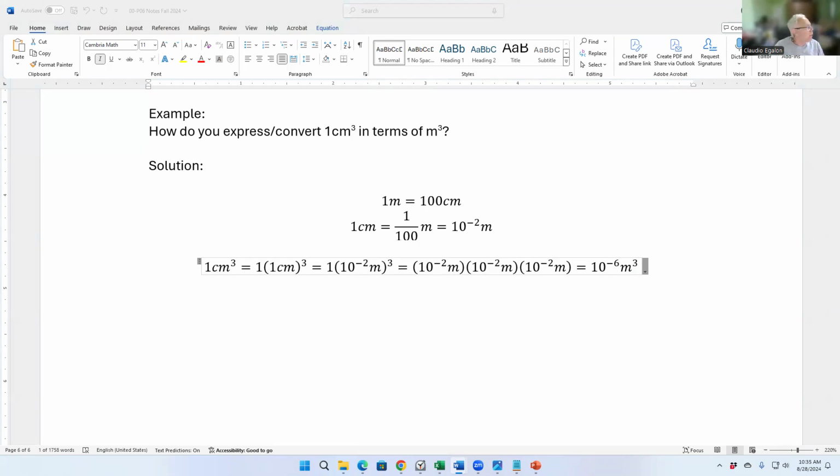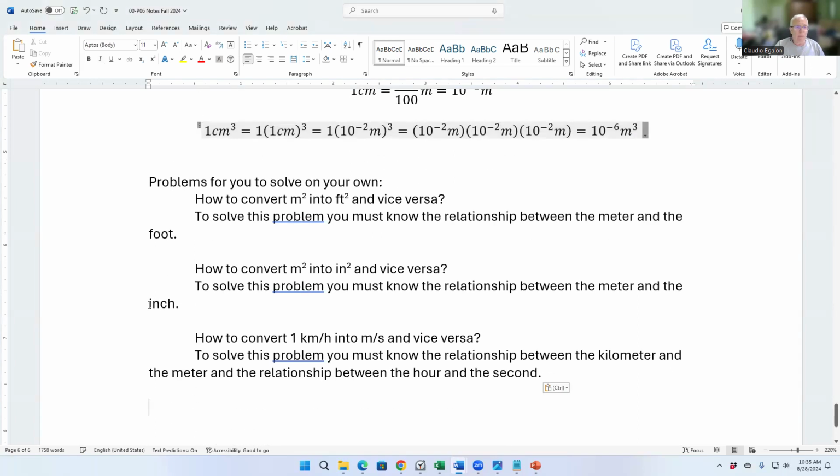And now you can start to solve your problems on your own. Just practice there at home. If you cannot find out how to do it, let me know. How to convert a square meter into square feet, okay? How to convert square meter into a square inch and vice versa. The principle is the same.